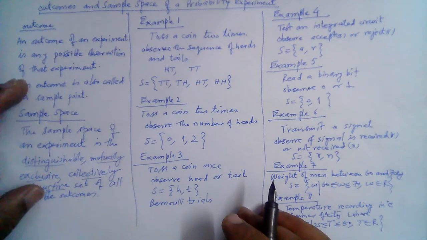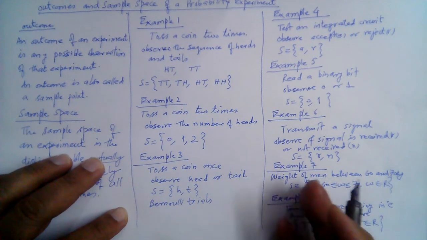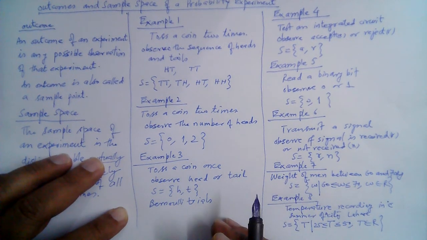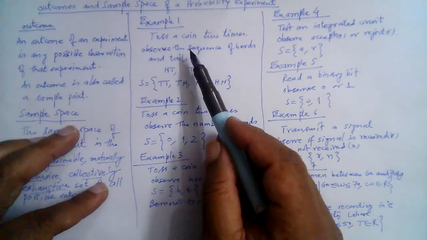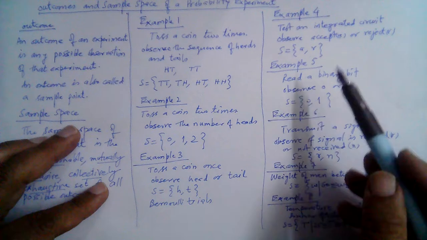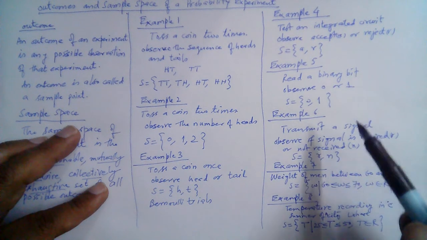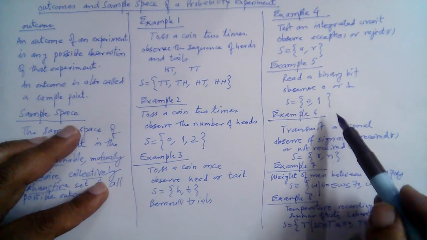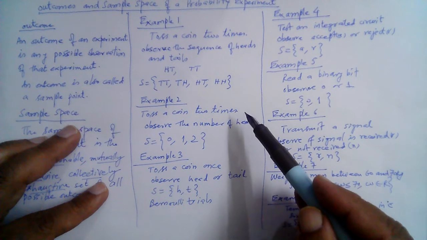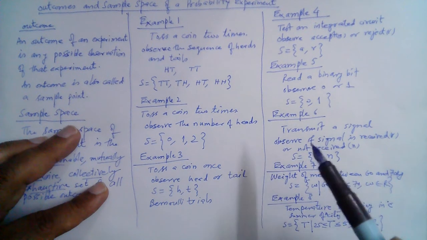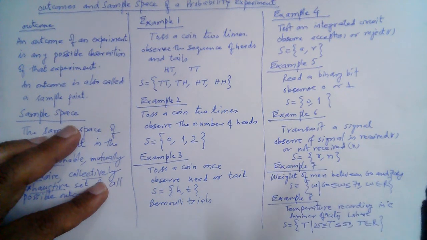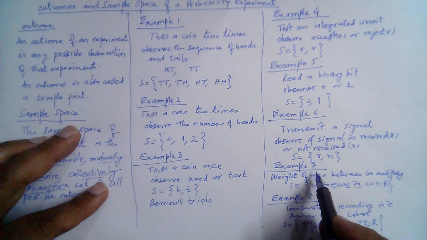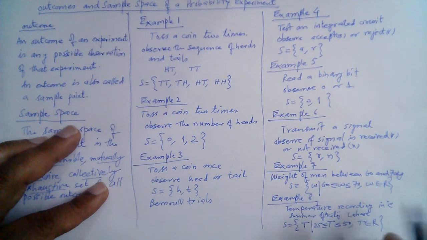So the outcome and the sample space we have seen in these examples. The sample space can be a discrete sample space, like in examples 2, 3, 4, 5, and also 6. These are examples where the sample spaces are discrete, and we choose an outcome from these sample spaces, right? And in the last two examples, the sample space is continuous over some interval.